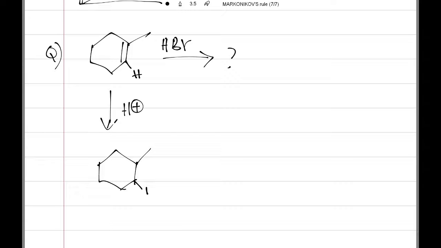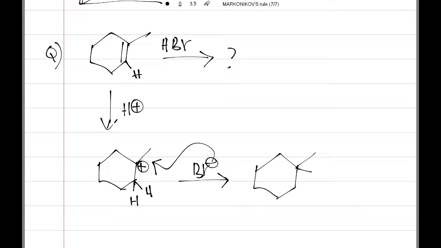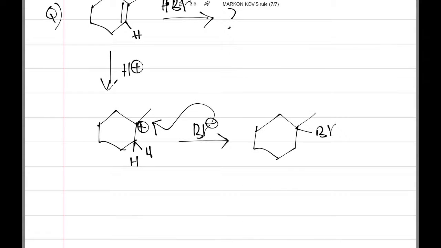Here we can get two hydrogens, and here we have positive charge. So it is the tertiary carbocation, which is the most stable carbocation, and bromide attaches to this carbon. Like this way we can get the product. This is our product of the reaction.